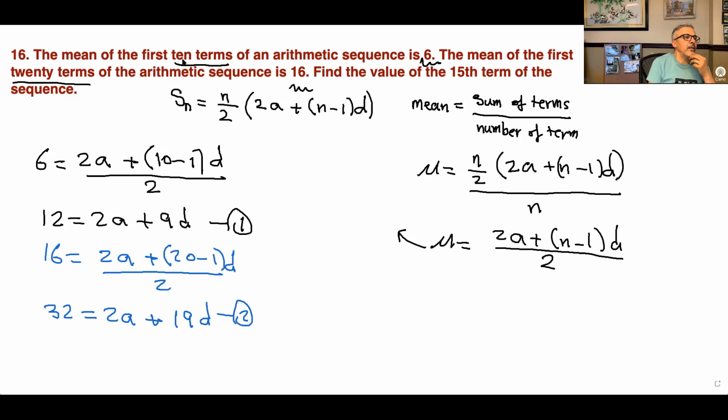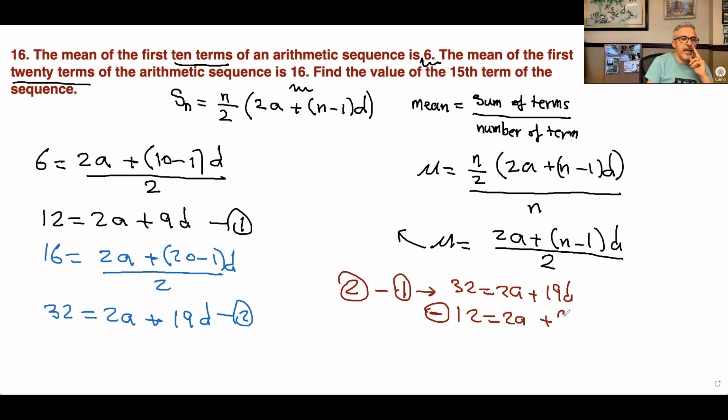Well, what we're going to do now, we're going to take away 1 from 2. So equation number 2, take away equation number 1, which is going to give me 32 equals 2a plus 19d minus 12 equals 2a plus 9d.